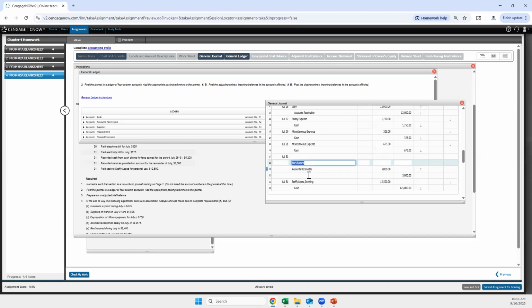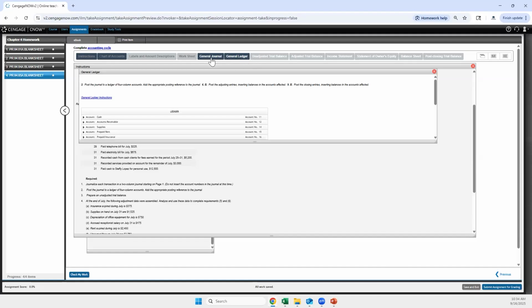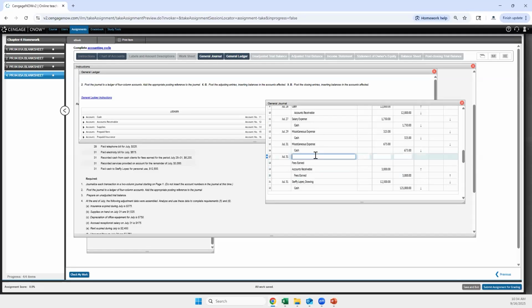And I'm going to keep the fees earned because the cash was recorded cash from clients for fees earned, 5,200. If you didn't catch that, I moved these two journal entries down 2 spaces each. This is also going to be a July 31st entry for cash received of 5,200 for fees earned. So fees earned will be our credit.